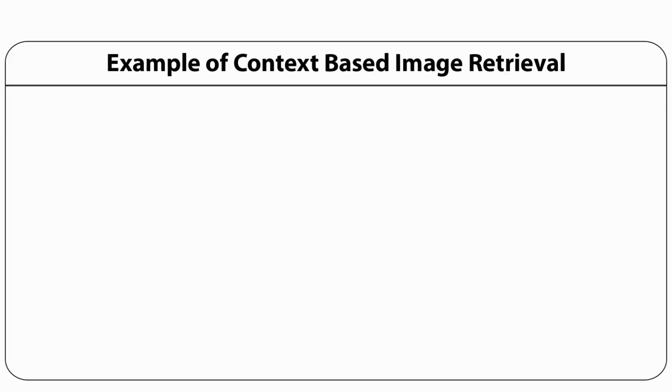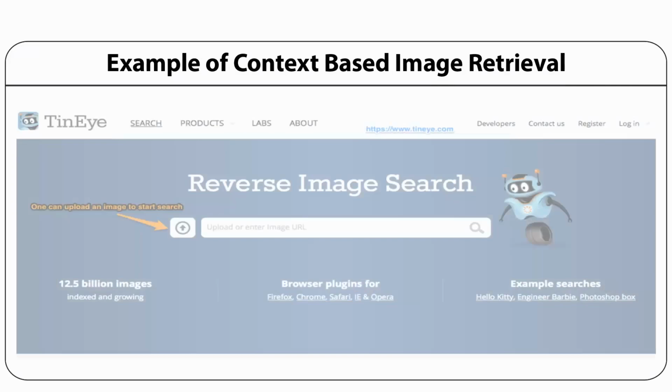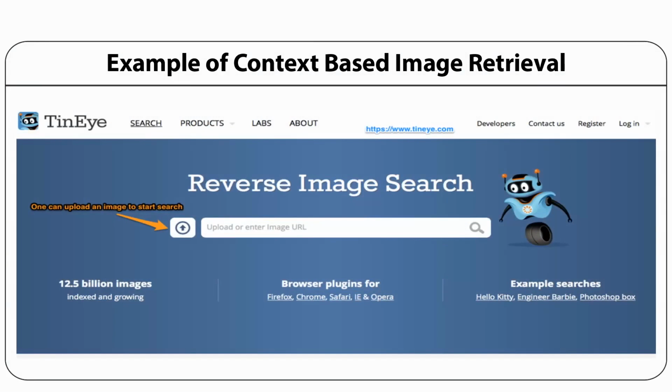This is one example of context based image retrieval. This is the interface of TinEye that is available at www.tineye.com. Here you can see that the interface provides the facility where the user can upload an image to start the search.